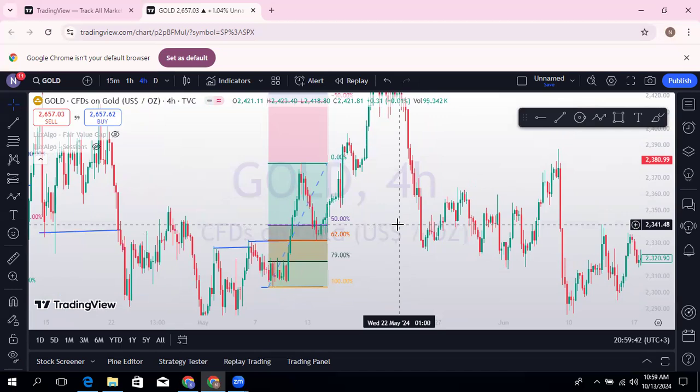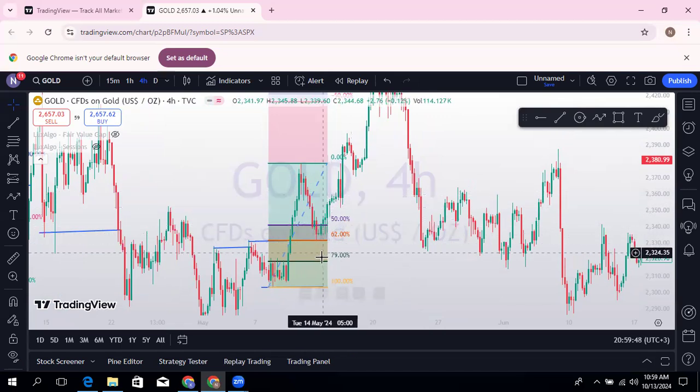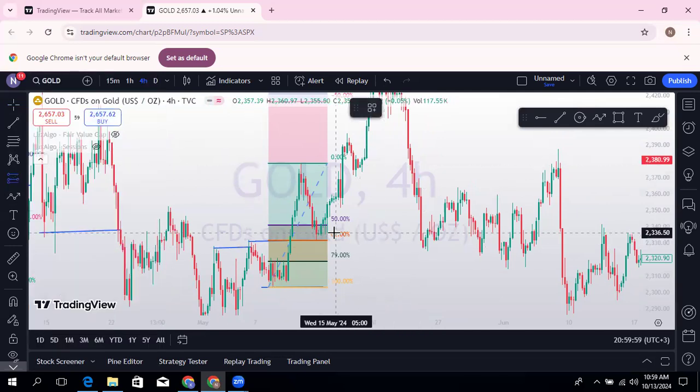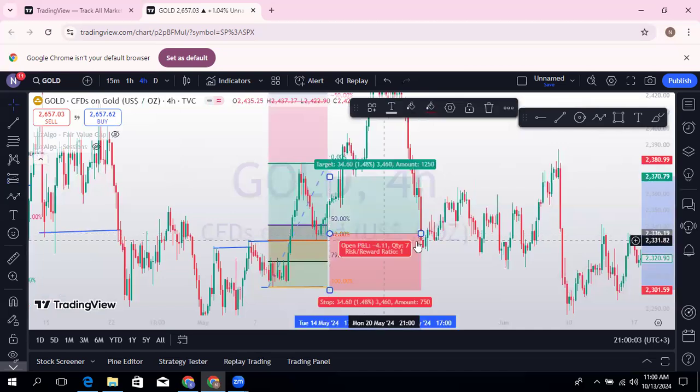So usually you can also consider putting your stop loss at around 79%. So put your stop loss at 79% to avoid being taken out. So don't put a very tight stop loss. So you can start from between 60 and 50.